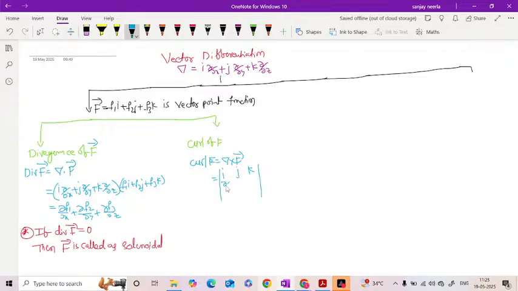The first row is i, j, k, the second row is dou by dou x, dou by dou y, dou by dou z, and the third row is f1, f2, f3. After simplification, what is the result?